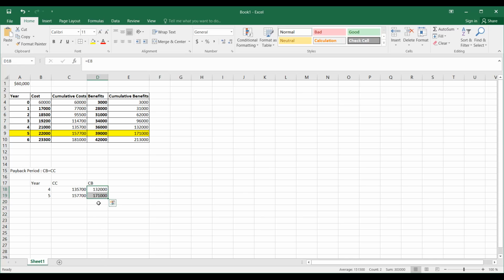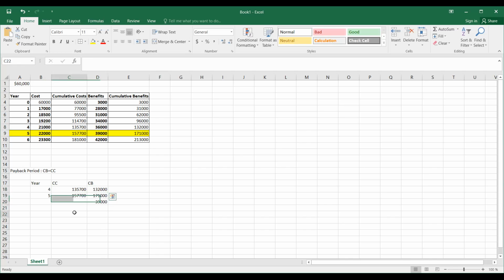This is what I'll do: the 5th year minus the value of the 4th year. So I get 39,000 as my total value. Now what I want to do next is see the deficit value from this side to that side. That means 3,700 is the deficit value.